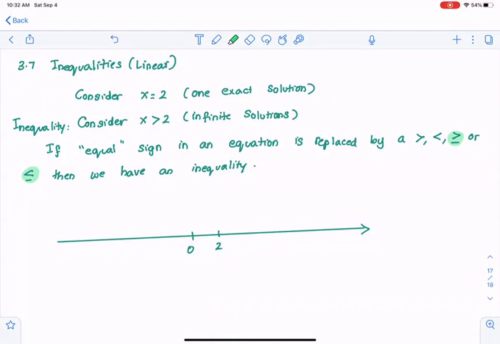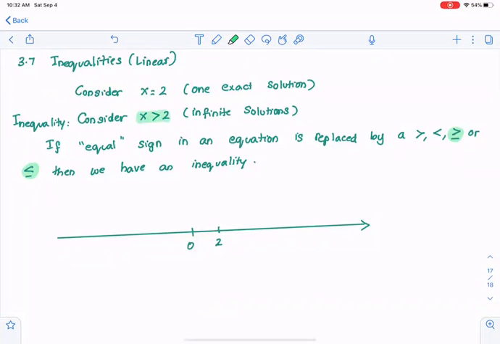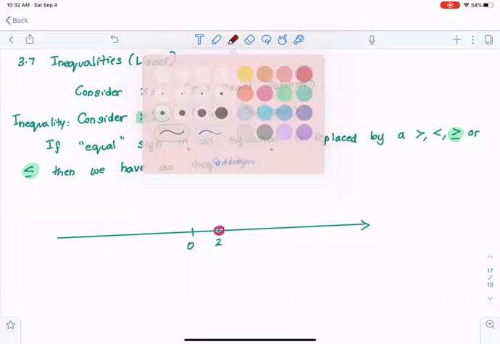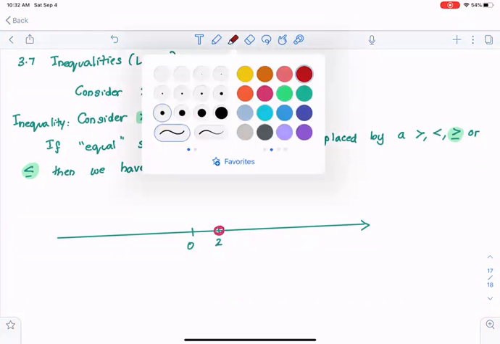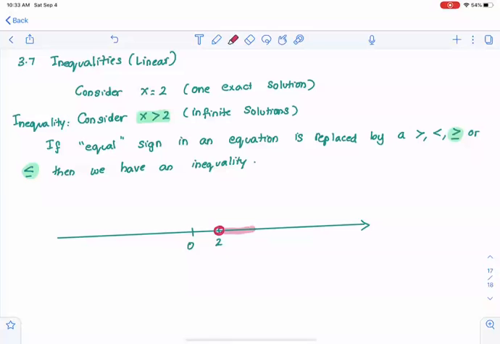But here we don't have an equal sign, so we are going to put an open dot. An open dot means that value is not included, but what are all the possible solutions? The possible solutions are everything above 2. So that is the graph for x greater than 2. And note that is an open dot.